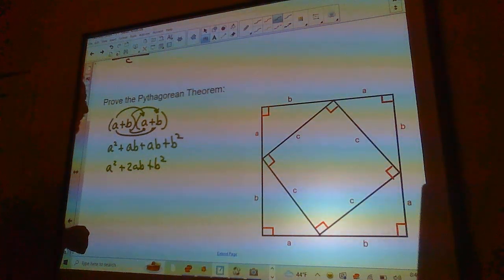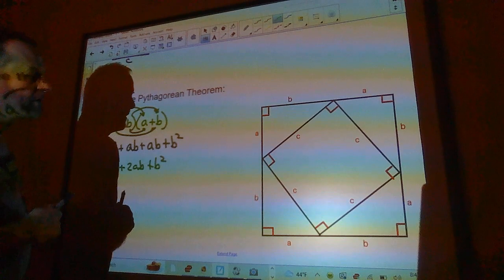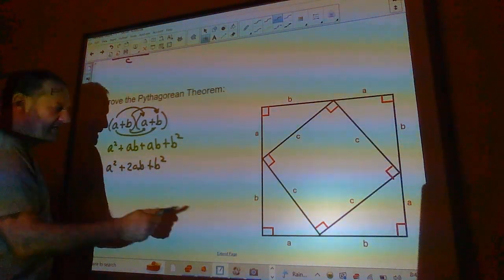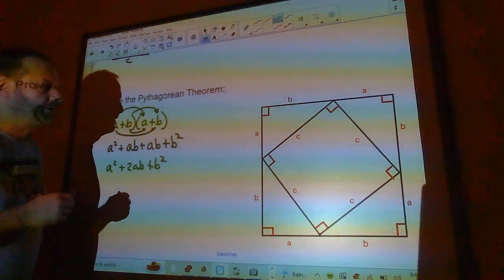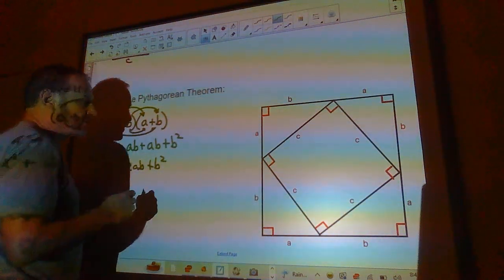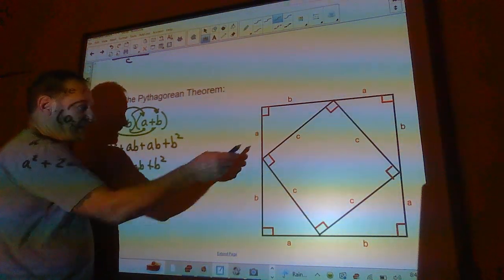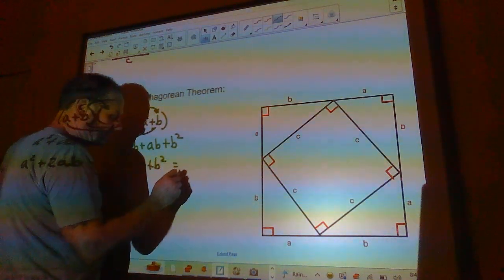Okay? Now, what I want to do is take this and subtract off these 4 triangles. Okay, so what is that? That says that if I take that triangle, remember a triangle is half the base times the height.